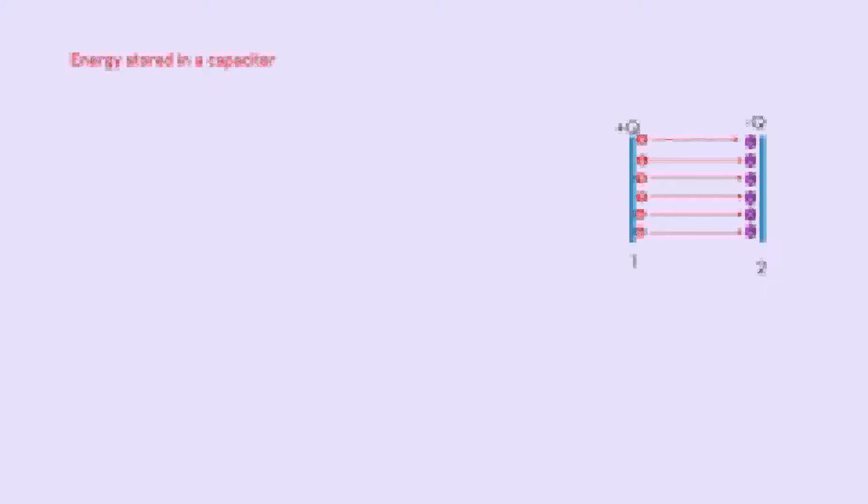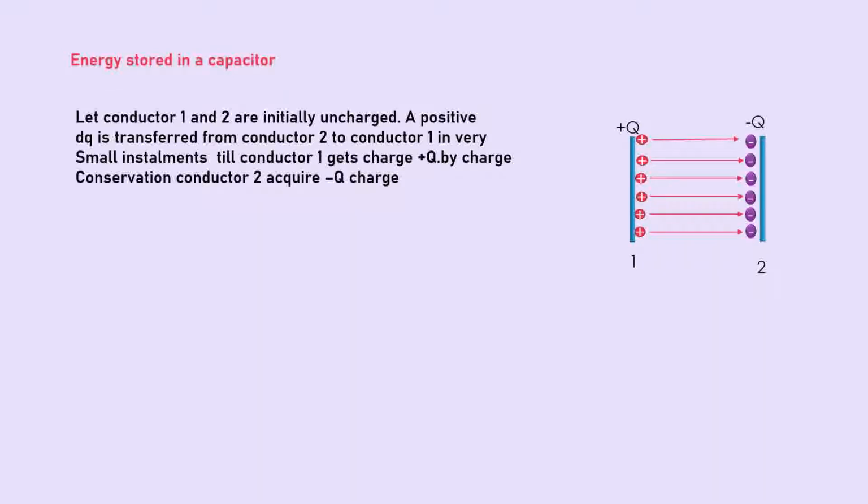Next is energy stored in a capacitor. So let us suppose that there are two conductors, conductor 1 and conductor 2. Initially suppose that they are uncharged. This is conductor 1, this is conductor 2.